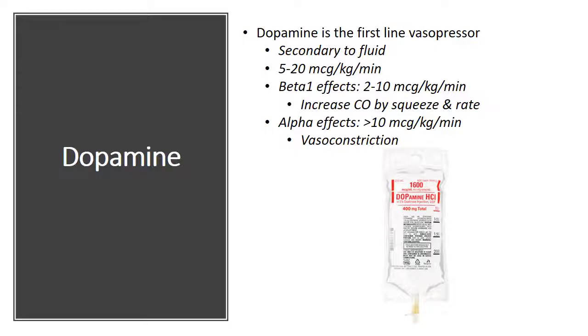And then it gets its alpha effects over 10 micrograms. So that's what's going to cause that vasoconstriction. So you're going to still have an increased cardiac output by the squeeze, the rate, and the inotropic effects. But then those higher doses are going to start to cause vasoconstriction.